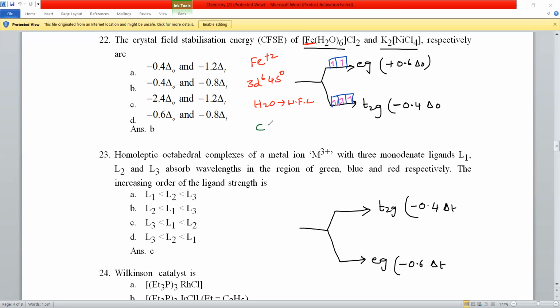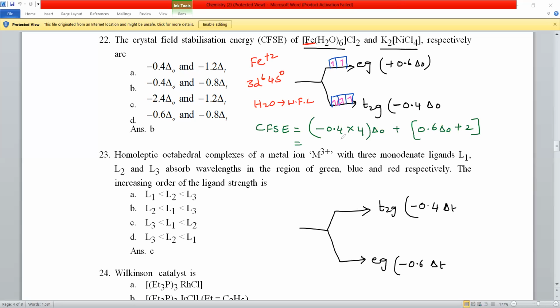Okay, so now calculate here. The formula we know very well, CFSE for octahedral complexes. t2g is minus 0.4 into the number of electrons, how much here? 4, del naught. Plus eg, how many electrons do we have here? The eg value is 0.6 del naught, plus 2 electrons we have here.